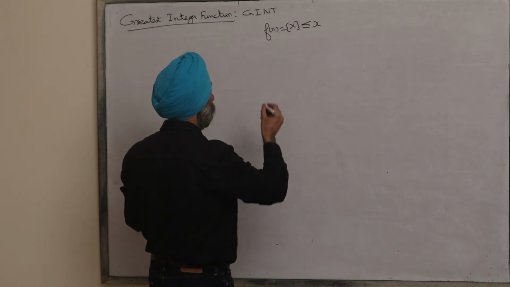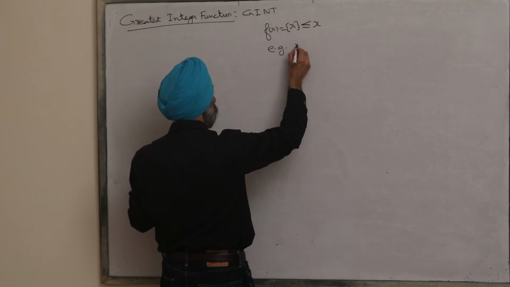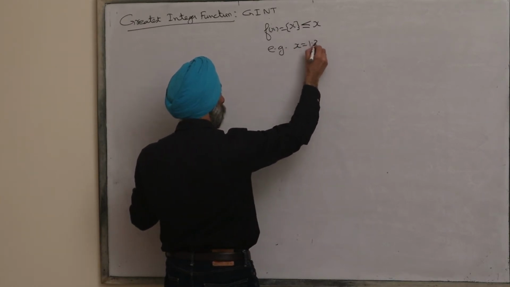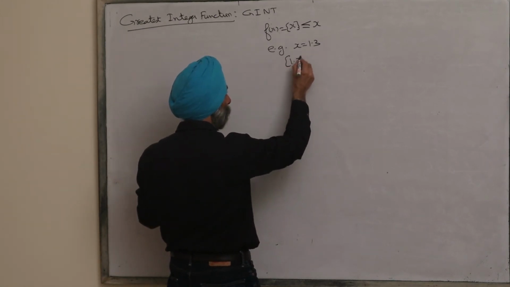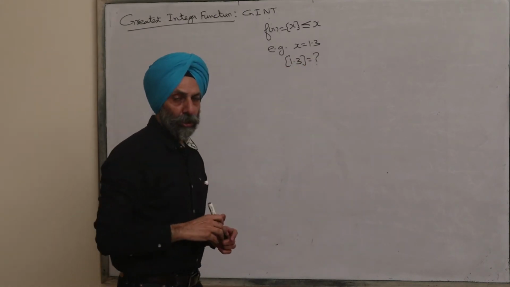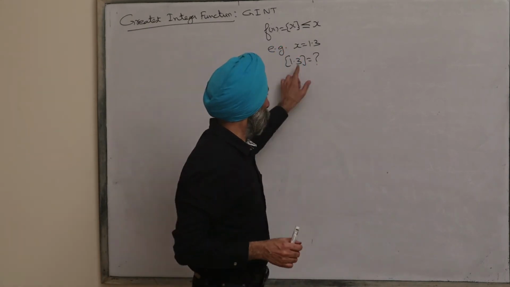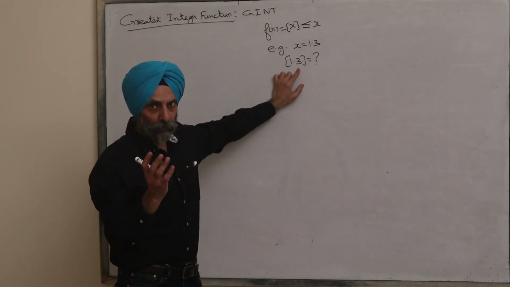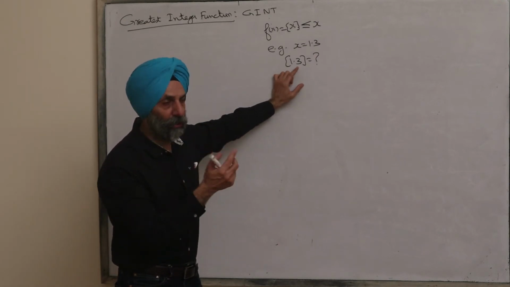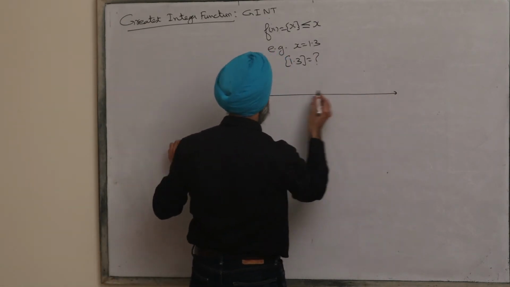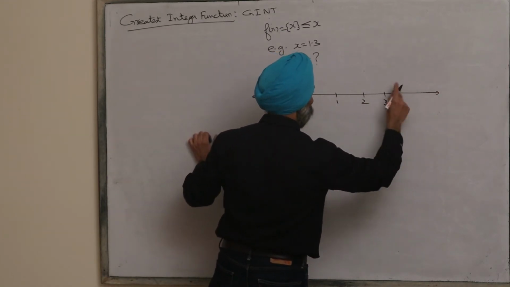Now what do you mean by this? For example, we want to find the value of the greatest integer function of 1.3. That is, the integral part of 1.3 will be what? So on the number line, whatever is the value of x, you look at the integer value to the left of it on the number line. So this is 0, this is 1, this is 2, this is 3 and so on.